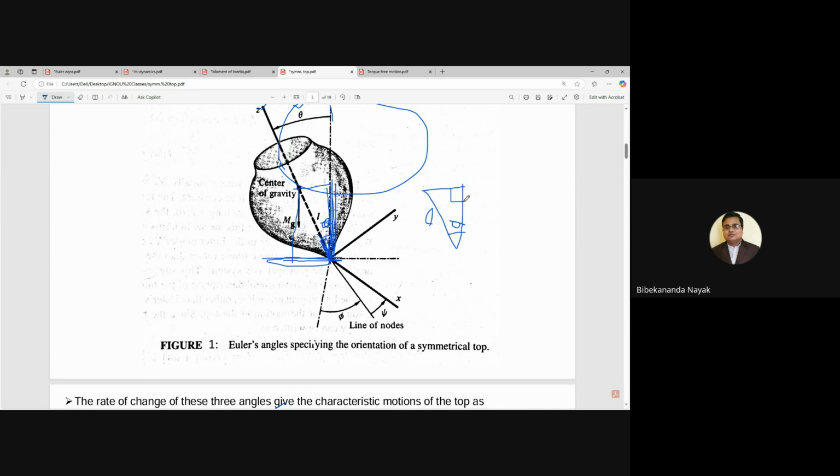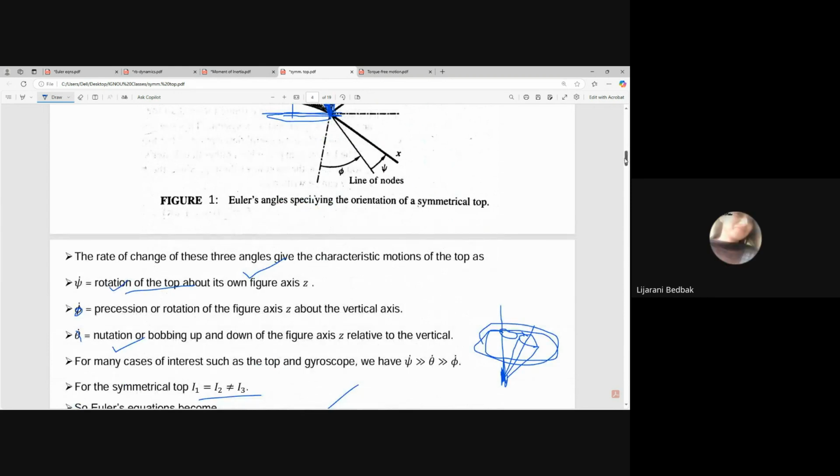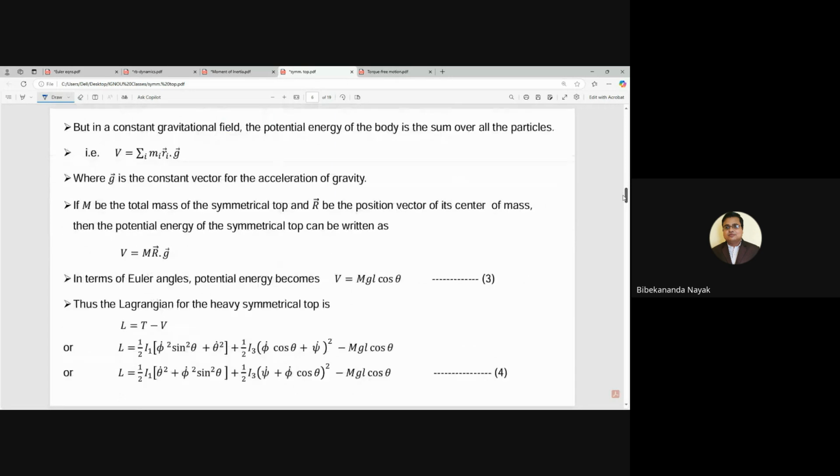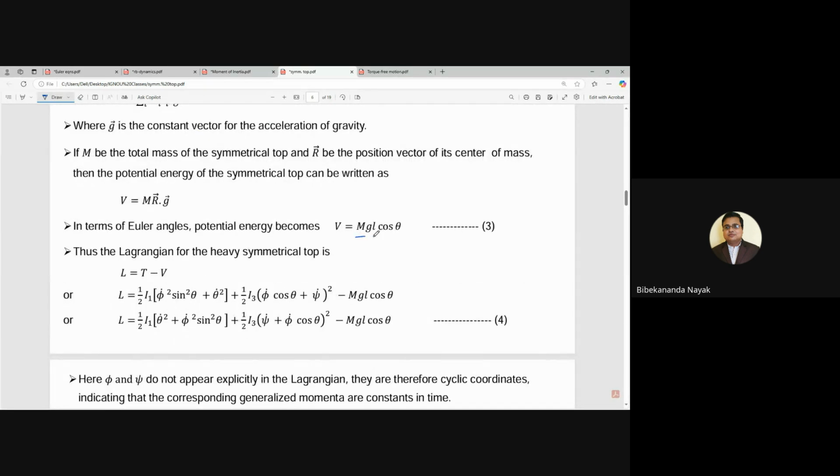This one is 90 degrees. So this side will be L cos theta, the side which touches the angle theta. The opposite side is L sin theta. So the potential energy we can write as mg times L cos theta.